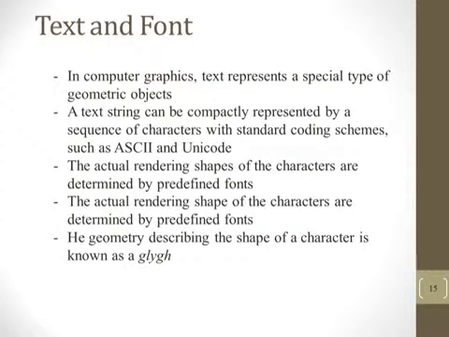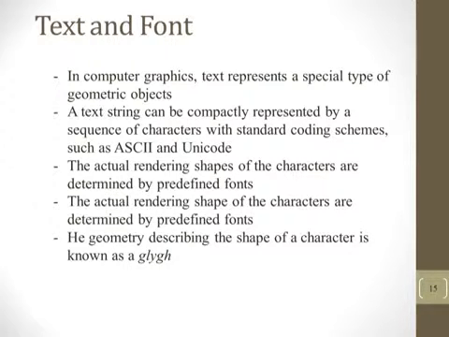The relationship between characters and glyphs is not always one-to-one. Sometimes one glyph may correspond to several characters, as in the case of a ligature. A ligature occurs in fonts when certain two-character sequences are rendered in a combined fashion.